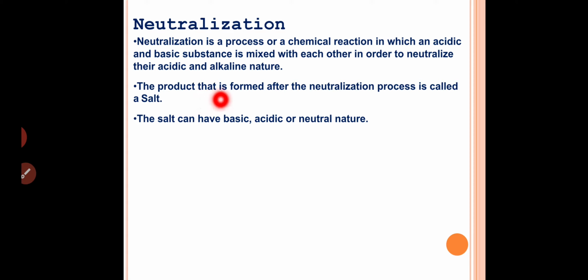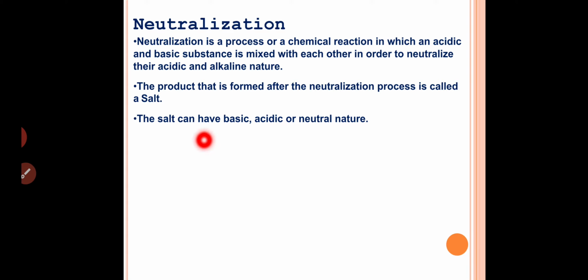The product that is formed after the neutralization process is called a salt. The reaction is written in a scientific way: acid plus base gives salt and water. The salt can have an acidic, basic or neutral nature.